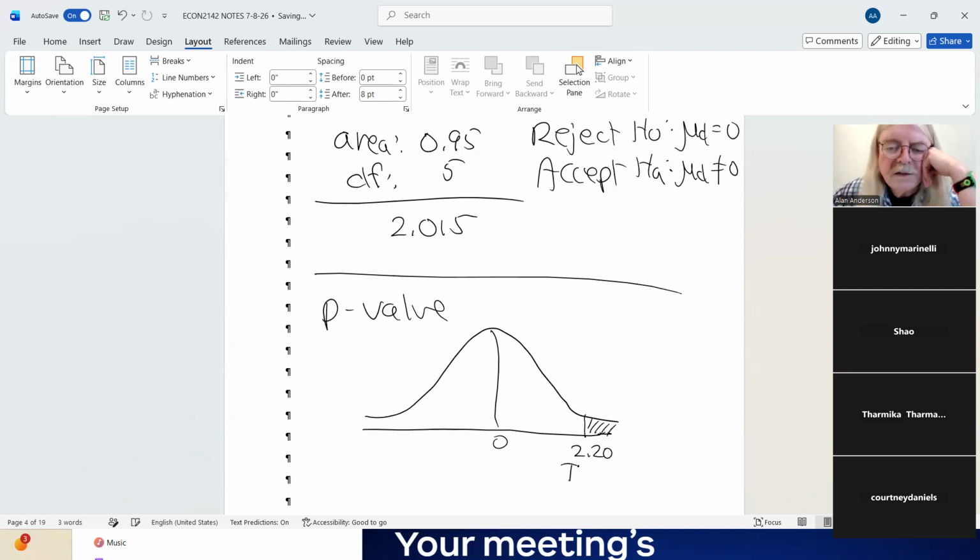So this is our test statistic, and this defines the boundary for the p-value.